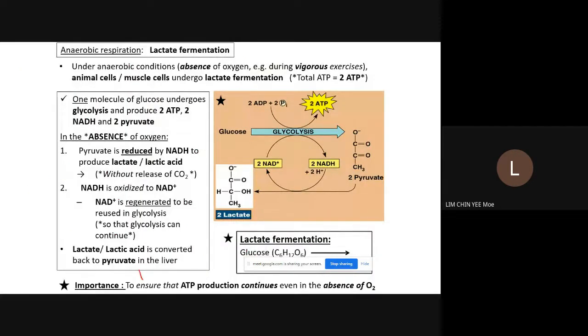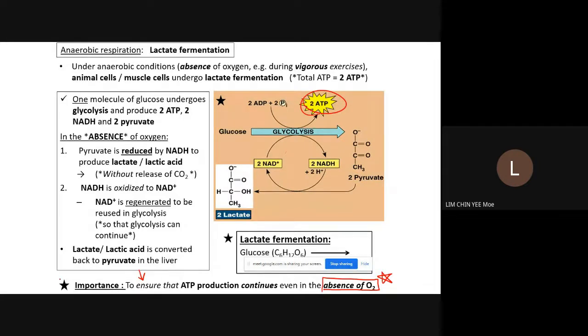To ensure ATP production continues even in the absence of oxygen. Even though masa kita lari tak cukup oksigen, tapi kita perlukan energy, at least ada lactate fermentation tolong produce the ATP untuk sementara, okay? To make sure that the ATP can still be produced, even though it's not a lot, only 2 ATP produced. But then, at least ada energy ini untuk keep the cell working.